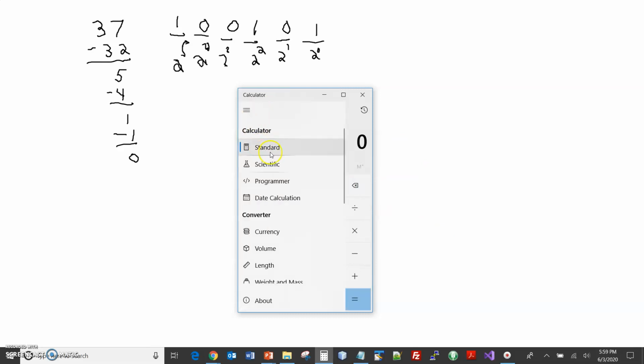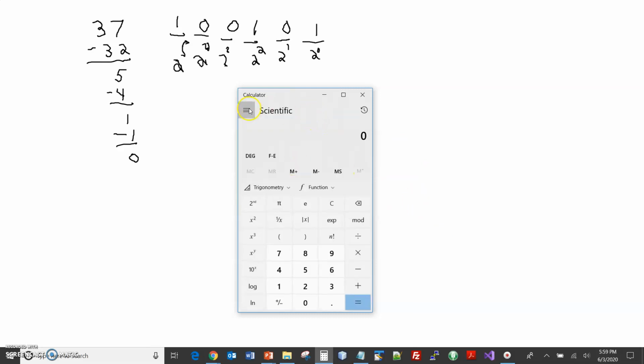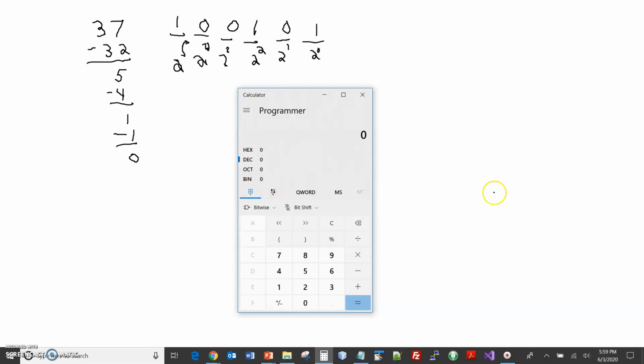There is scientific mode, but in programmer mode, in decimal format, we can enter in the 37 and it actually will show us the underlying binary. Now it's showing leading zeros because it's showing it in terms of powers of 2 and number of bits, but the 1 0 0 1 0 1 is just a way that we can double check our work.